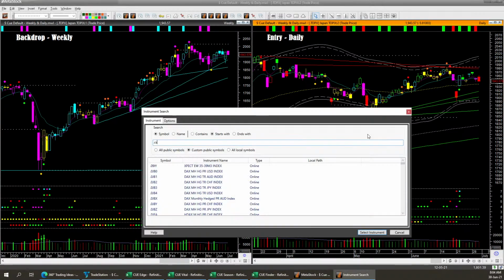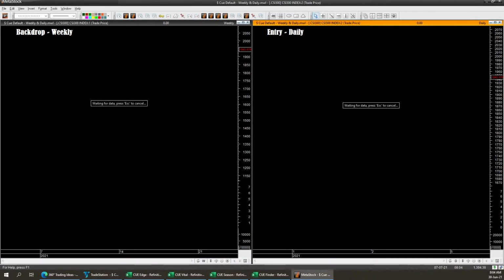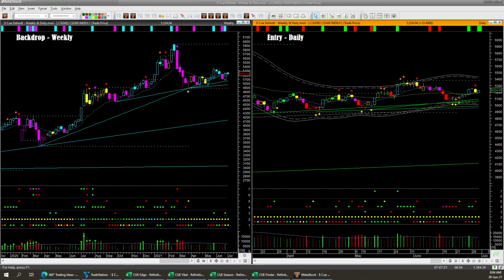Next is Chinese market index CSI 300. Interestingly, the weekly memory support line that I first identified on this bar, that weekly support is still holding.